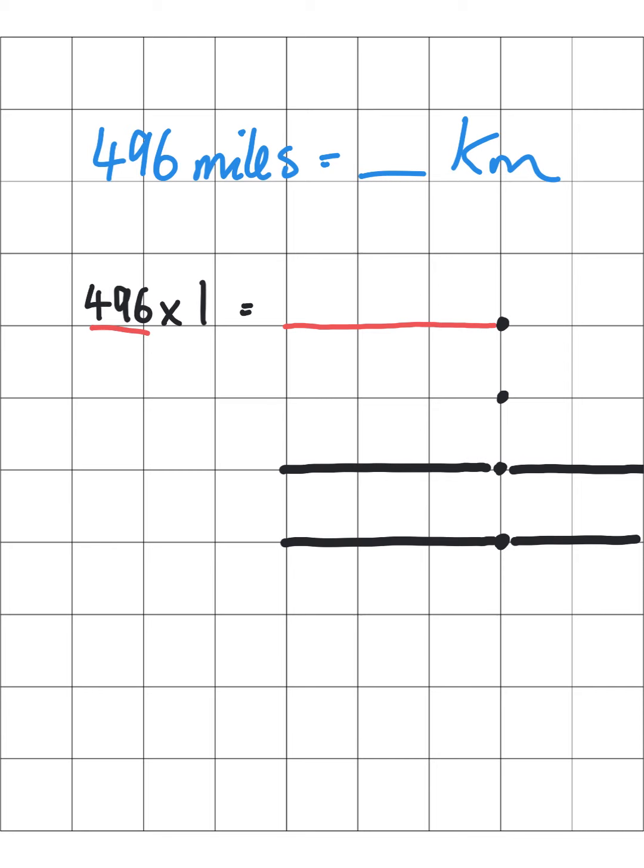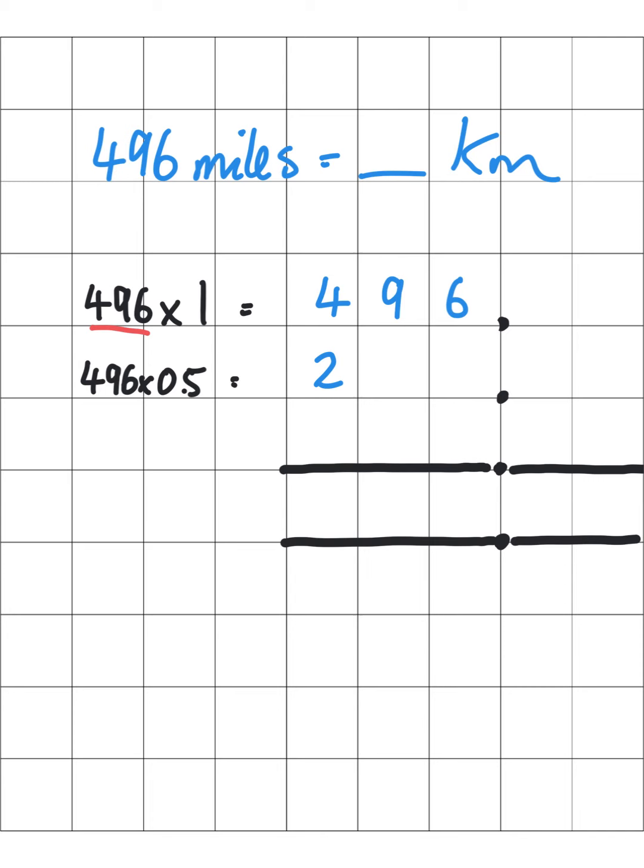All right, and then you're ready to start working it out. Let me just rub this red line out. So 496 multiplied by 1, that's a bit fat. 496. 496 multiplied by 0.5 is going to be half of it. So half of 400 is 200. Half of 96, or half of 90 would be 45.